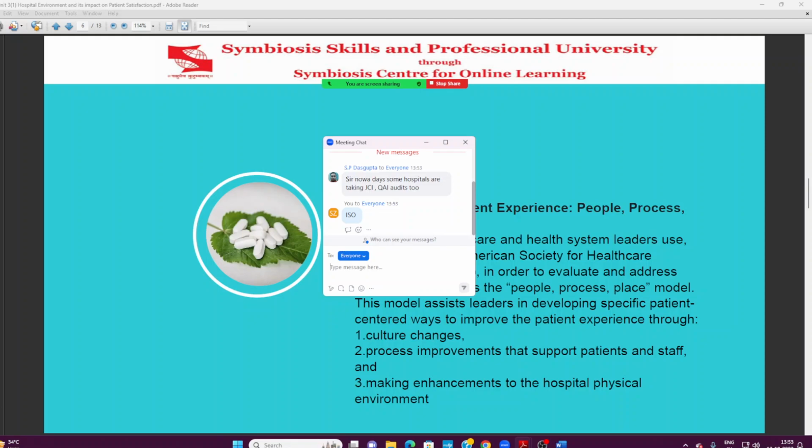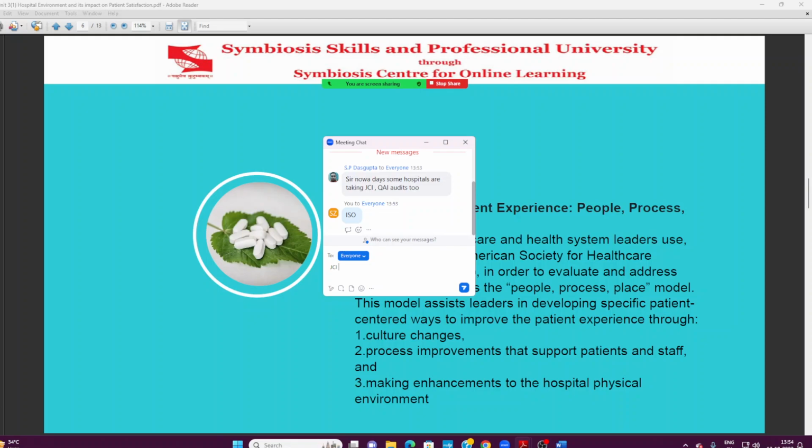So, what does JCI stand for, Dasgupta? I'm not aware of JCI. Joint Commission. Okay, fine. And QA, I think it must be quality assurance, isn't it? JCI is Joint Commission International. And QA, what does QA stand for? Quality assurance?